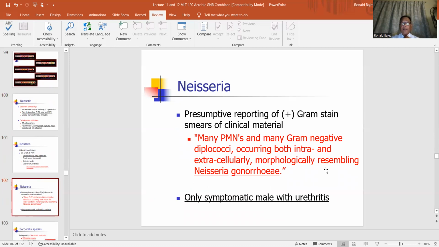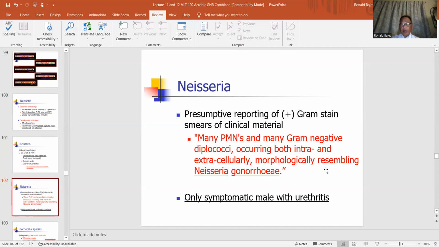So when you have gonorrhea, your microbiology laboratory should have a protocol on reporting a positive Neisseria gonorrhoeae, and this is an example. What you report out to the doctor after you call it, you put in the report: many PMNs and many gram-negative diplococci occurring both intra and extracellularly, morphologically resembling Neisseria gonorrhoeae.